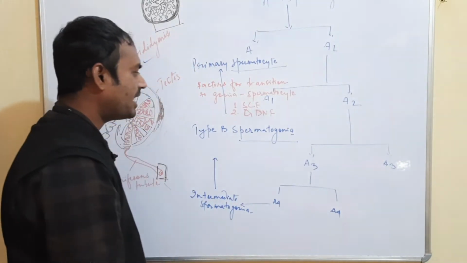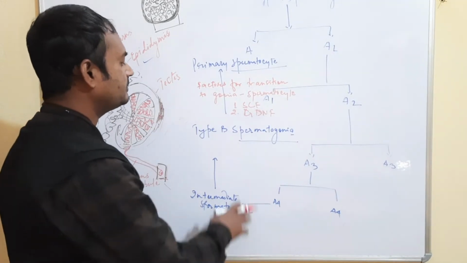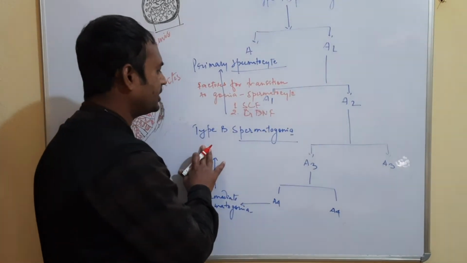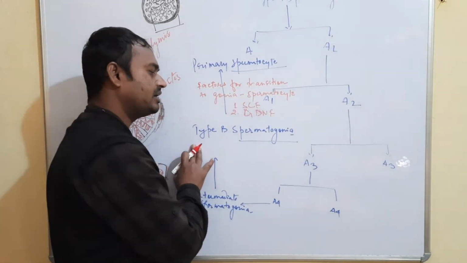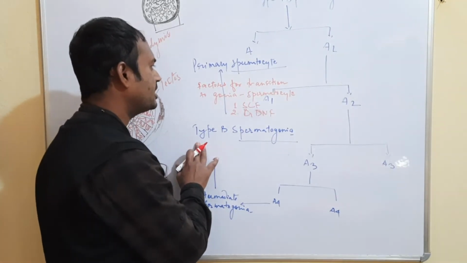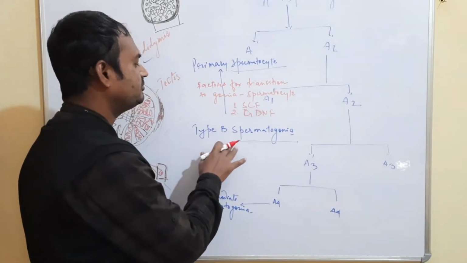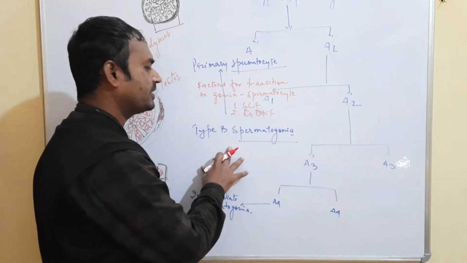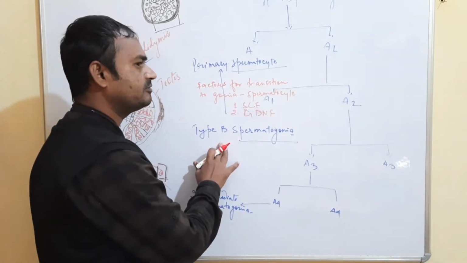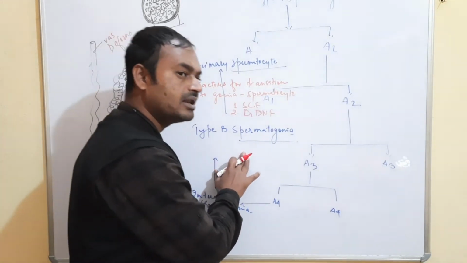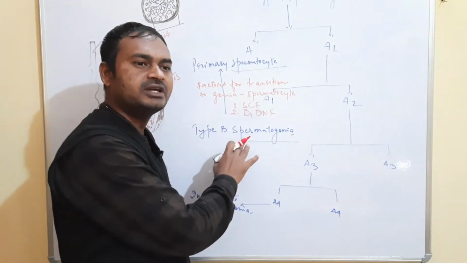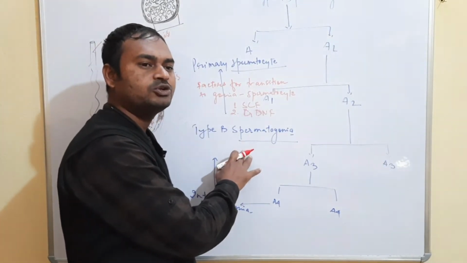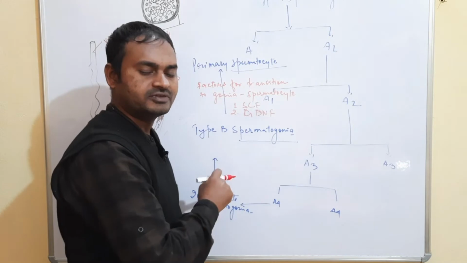What happens here is that the type B spermatogonia is the key step. The division of the type B spermatogonia is the last step in the cell division of the sperm to undergo the mitotic division.